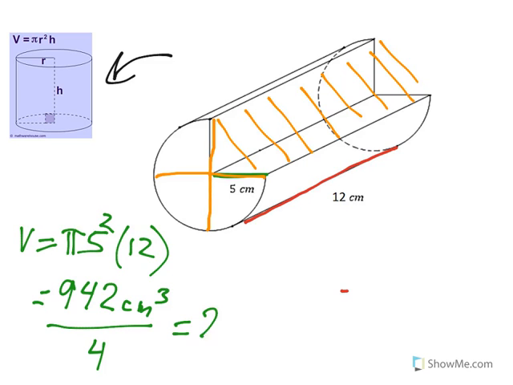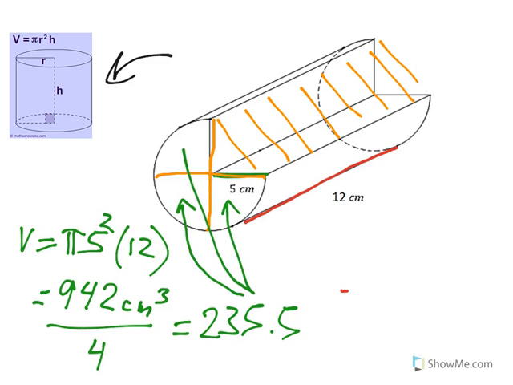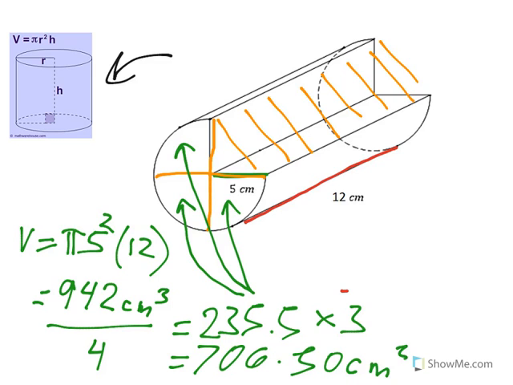That equals 235.5. So each section is 235.5, right? And now, we add it 3 times, or multiply it by 3, and that'll give us the volume of this shape, which is 706.50 centimeters cubed.